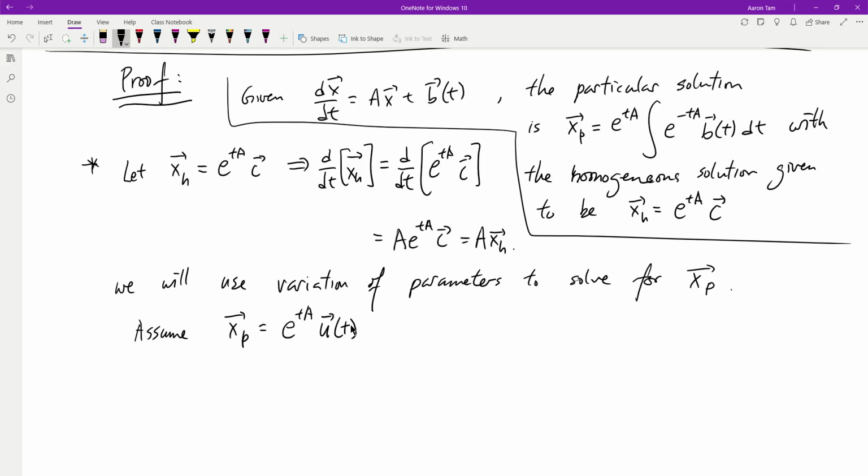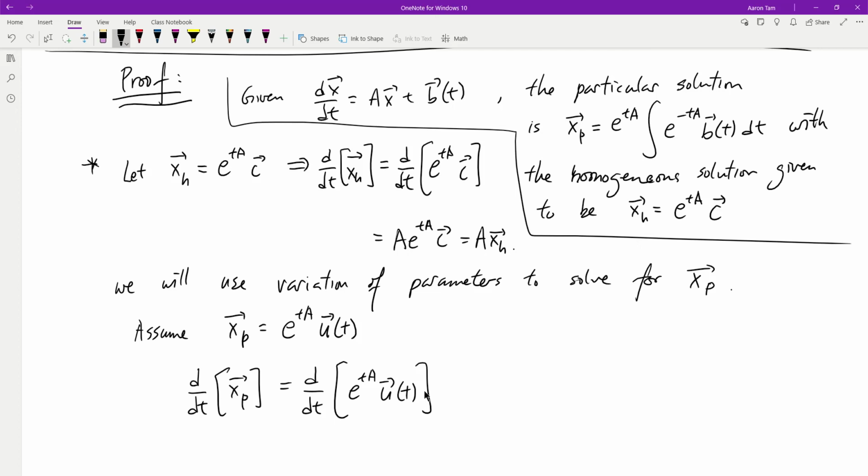But how is that better? Let's find out. I'm going to take the derivative with respect to t of vector x sub p, which is the derivative of e to the tA vector u of t. This happens to be a product between a matrix and a vector, but since a vector can be considered a single-column matrix, I can call this a product between two matrices.